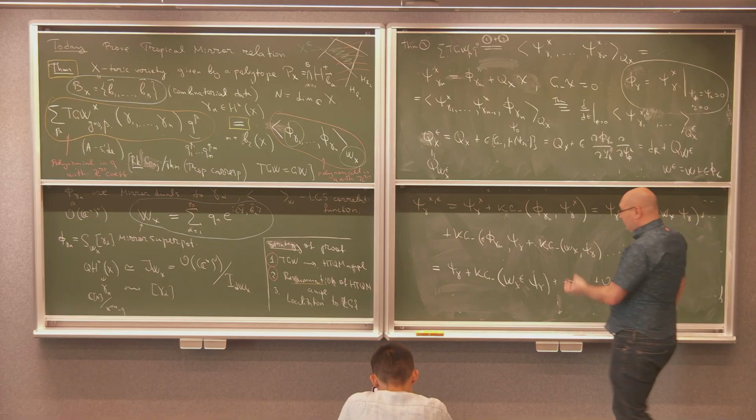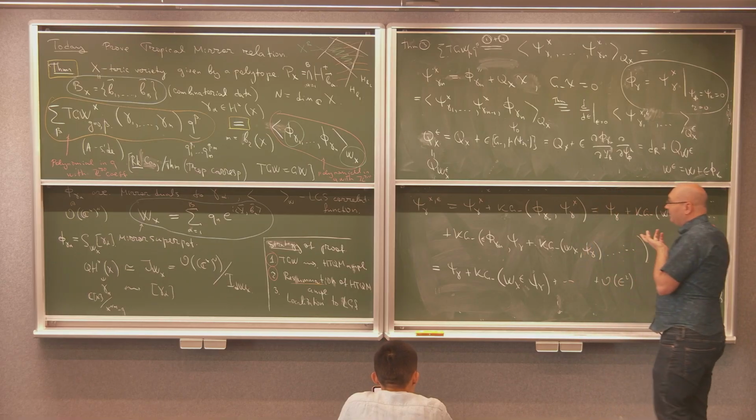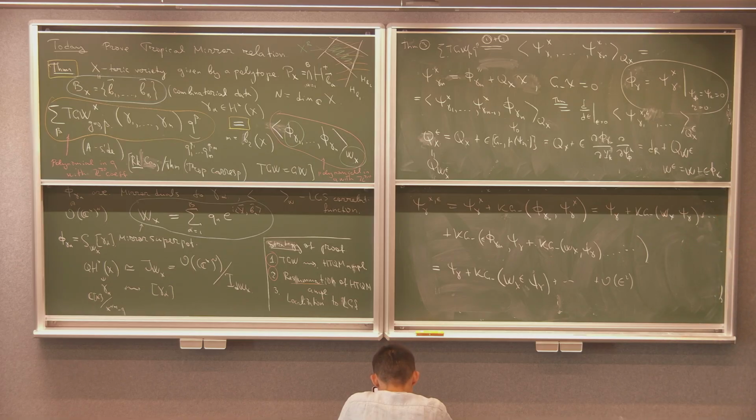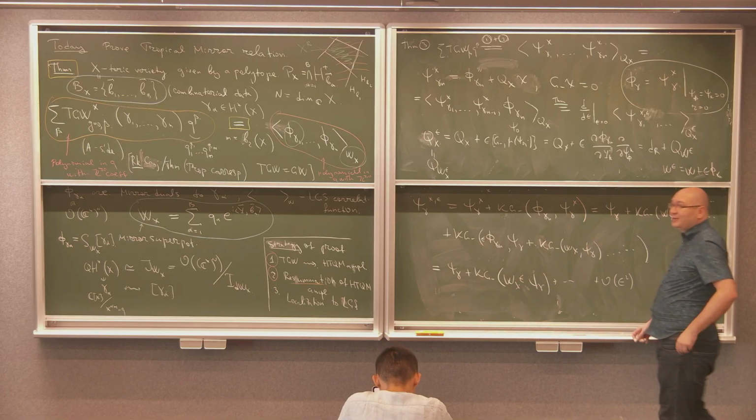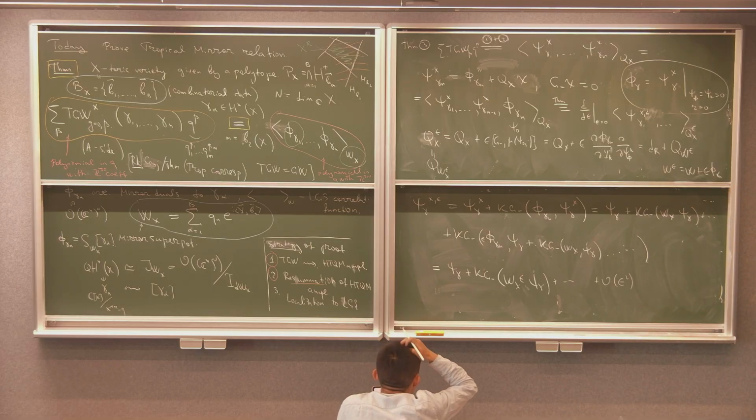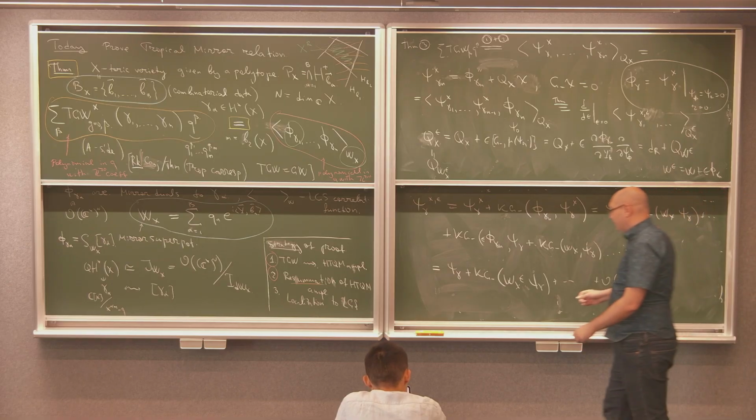So that basically tells us that not only does phi gamma deform the superpotential, but it deforms the dressing, or it deforms these mirror states, in exactly the same way as deforming the superpotential.